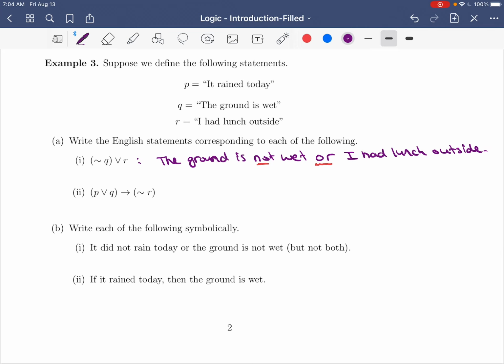Okay, now let's try another one. So here, see the bracket? So this thing, implication this thing. So that's if this, then this. Okay, so that's going to be if, and then P or Q. So if it rained today, or the ground is wet, then I did not have lunch outside.